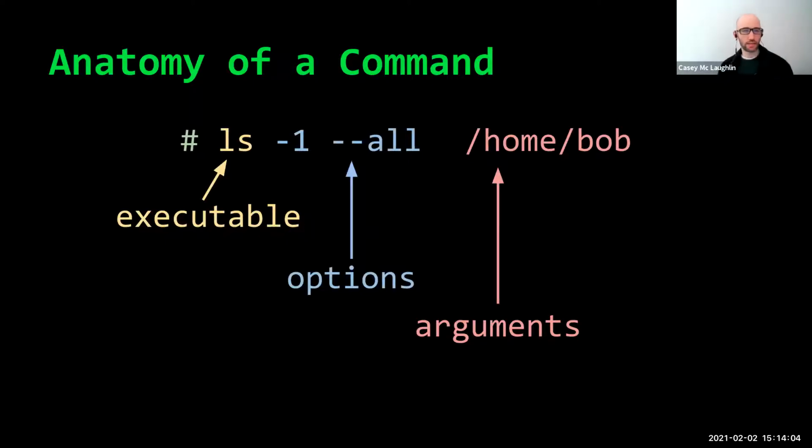Also notice that one-letter options mostly use a single dash, like the -1 that we have on the screen here. But most of the time, whole word options start with 2 dashes. So --all.